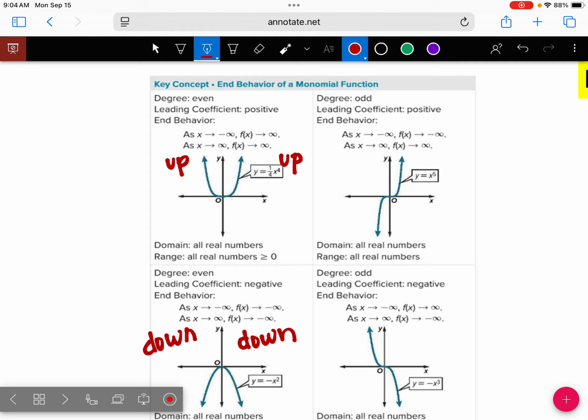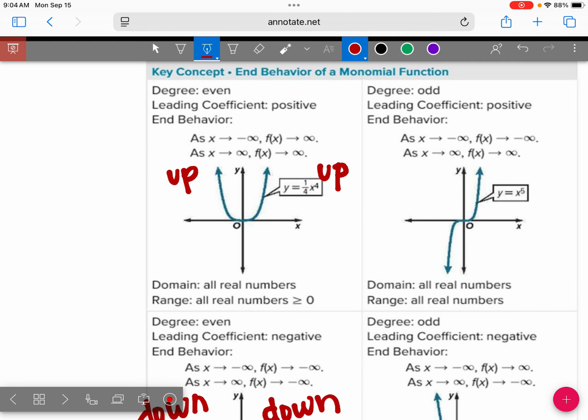What determines this is the leading coefficient. If that first number is positive, that tells you what the right side is going to do. So the leading coefficient controls the right arrow.